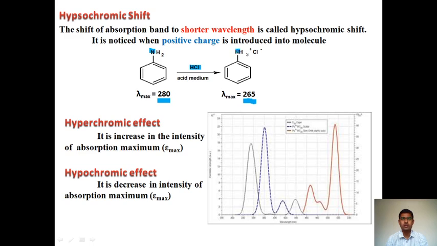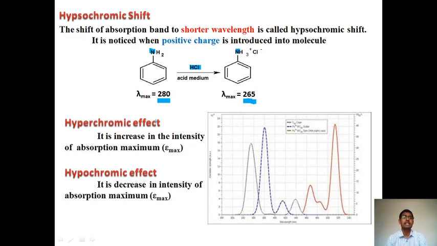Now there are no electrons on nitrogen for conjugation with this benzene ring, and thus the absorption maximum gets shifted from longer wavelength to shorter wavelength, and such a shift of absorption band towards shorter wavelength is called hypsochromic shift.